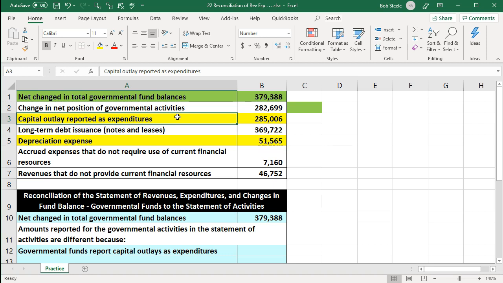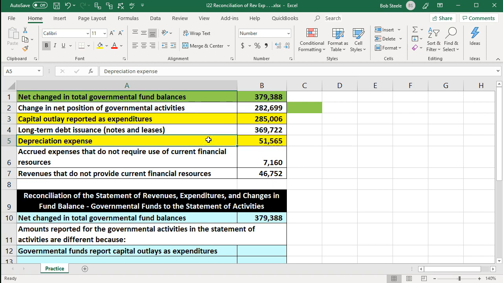We actually record it similar to an expense, as an expenditure. So we're going to have that difference. If these are purchases of capital assets, and they were purchased on the funds, it's going to be recorded as a flow activity, a temporary account, kind of like an income statement account. And on the activity of the government-wide level, it's going to be reported as an asset.